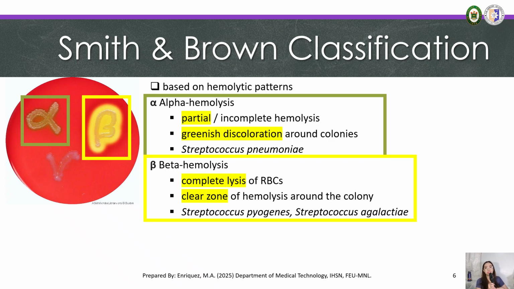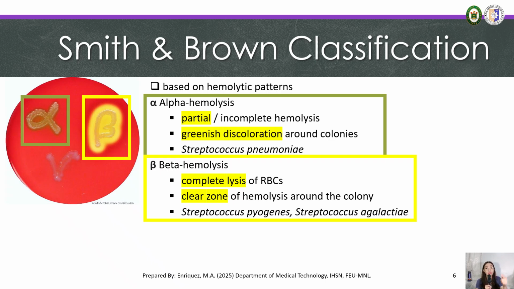Okay, so notice that there is a very obvious change on the immediate surrounding of the bacteria, di ba? There's an obvious change dun sa culture media natin. Hindi na siya red, di ba? There's this kind of like clear halo or clear zone around the colony.